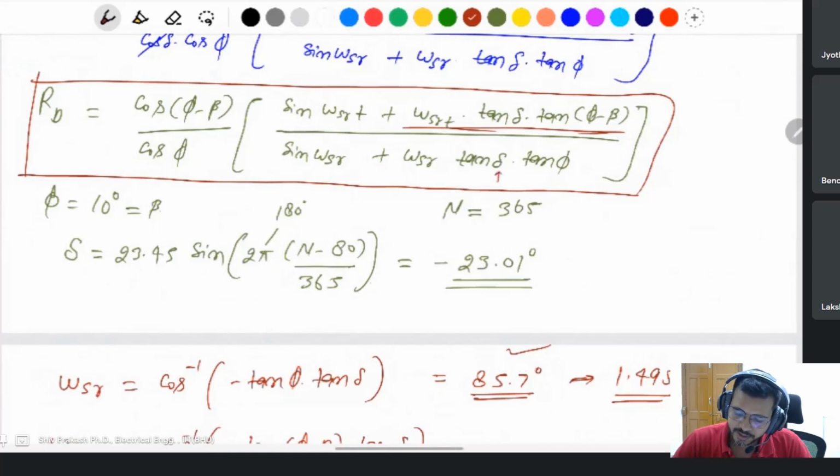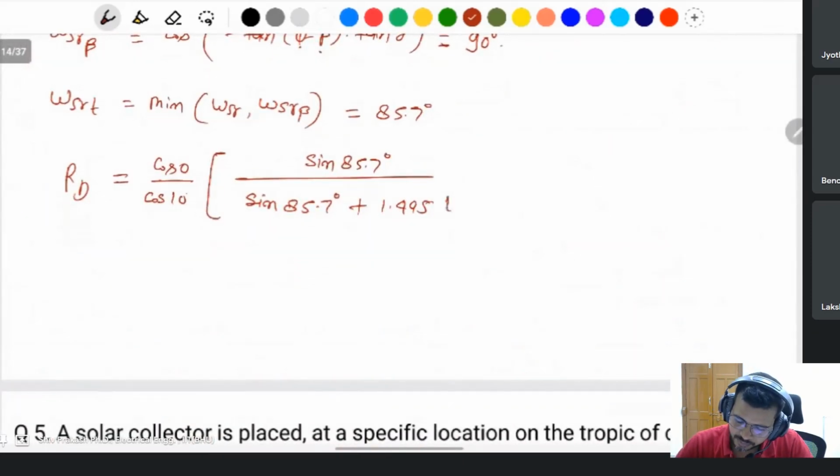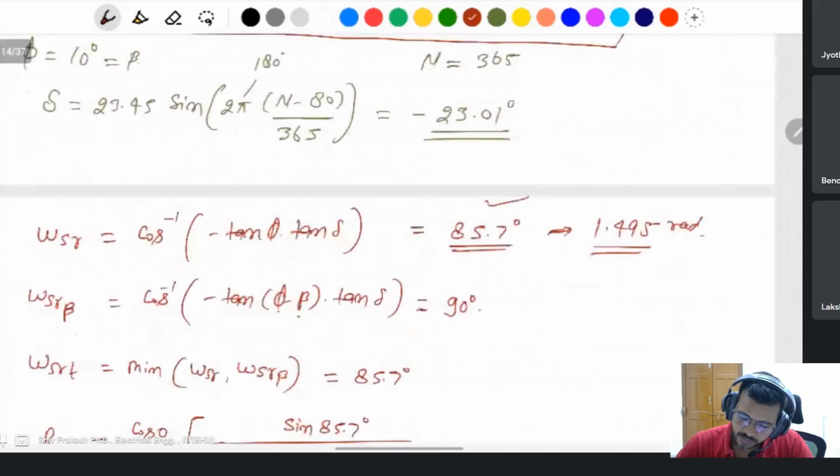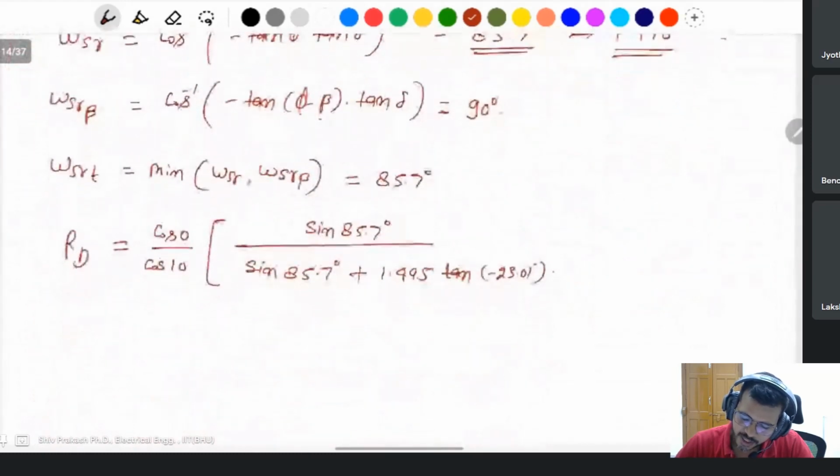Delta is equal to minus 23.01 degree, and phi and beta are the same, 10 and 10.